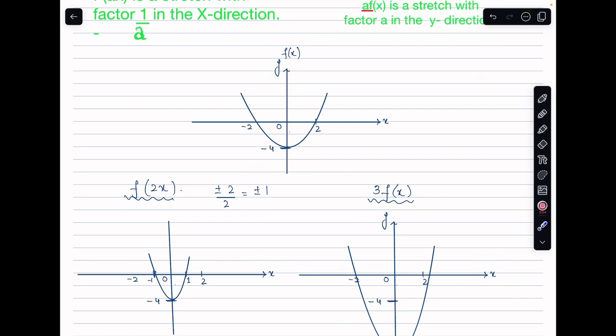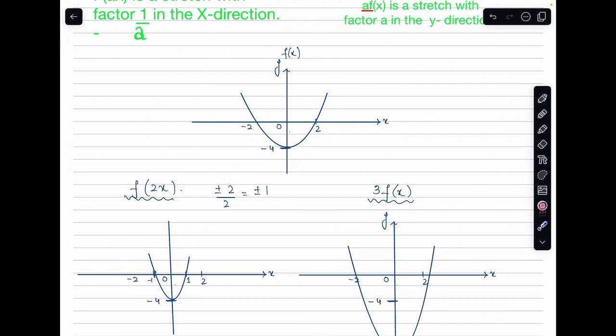So along the y-axis, it's 3f(x). There is a 3 outside the function. That means that along the y-axis, the graph needs to be stretched by 3 times, not 3 units, but by 3 times. So over here, what I can see for the basic graph is that the only y coordinate that I have is -4.